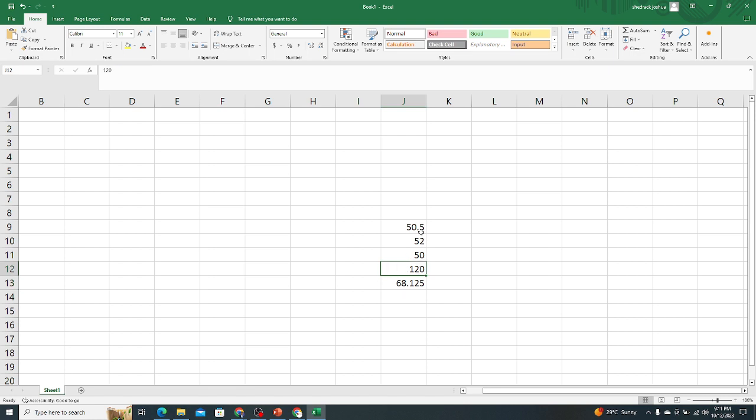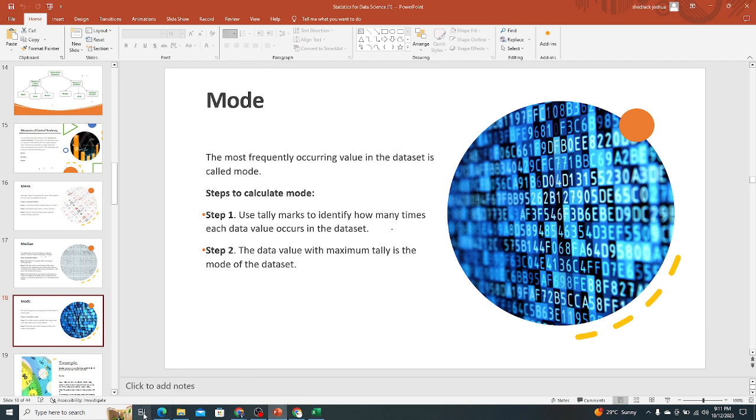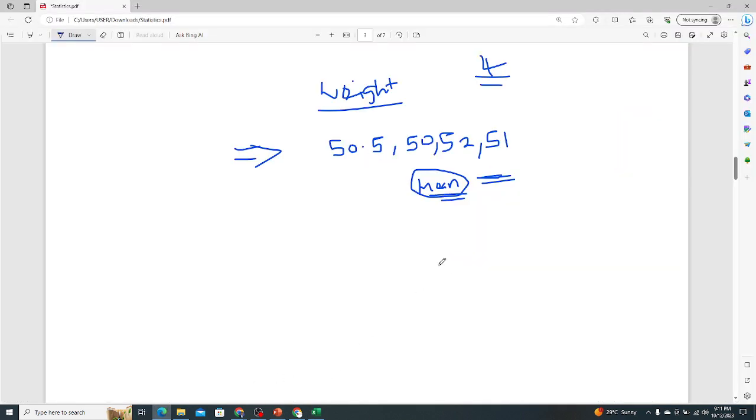So when we inject a big value, the mean will shift towards that large value. We'll have a right shift towards that large value.